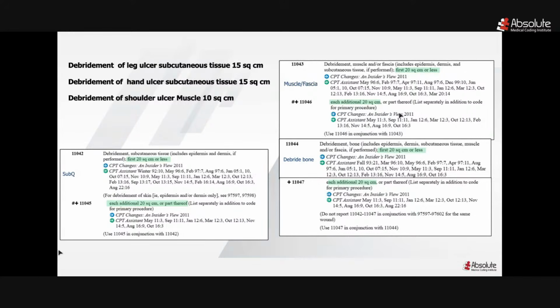That is for a debridement of subcutaneous tissue, first 20 square centimeter or less. And also you have to use an add-on code for the remaining 10 square centimeter. That would be 11045. And for the debridement of the shoulder ulcer down to the muscle level, you will code 11043. And you should append a 59 modifier as well.